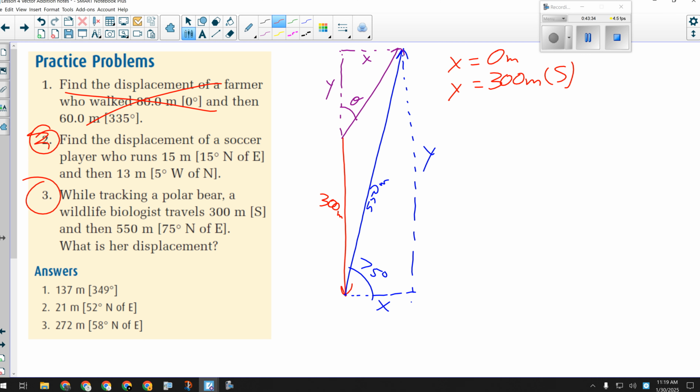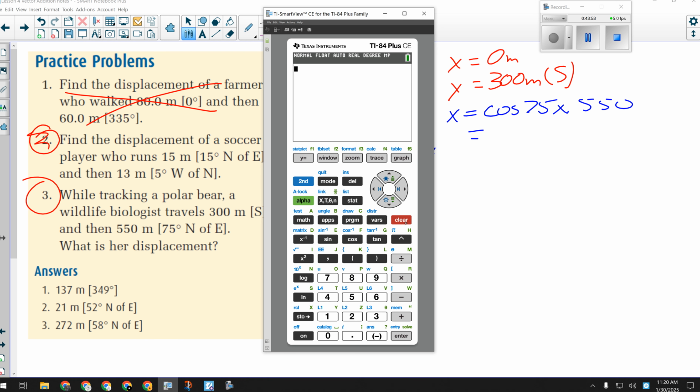Okay, then we've got to look at our blue triangle. Okay, the blue triangle goes north of east. Okay, I got to find blue x, which is adjacent to the 75-degree angle. So cos of 75 times the hypotenuse, which is 550. Not sine, cos.